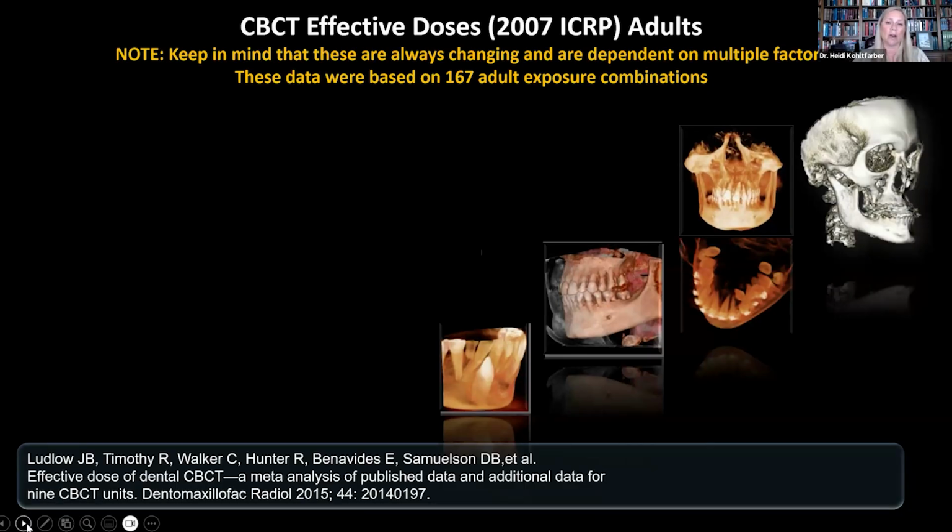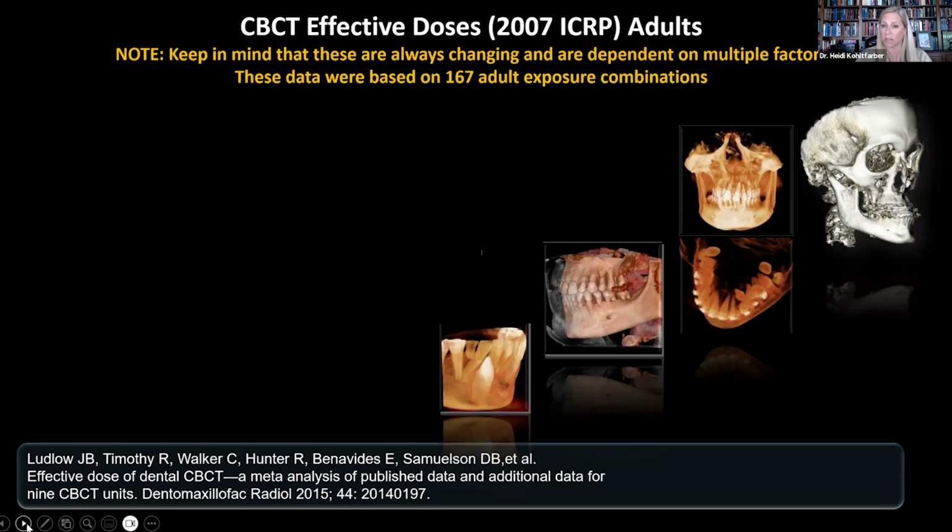For example, if I were to image something in the posterior mandible, there are certain soft tissues that are going to be within that field of view, and there are tissue weights. We use the 2007 ICRP tissue weights, telling us how sensitive those tissues are to ionizing radiation. 2007 was the last time they updated those tissue weights, so they're the most recent ones.